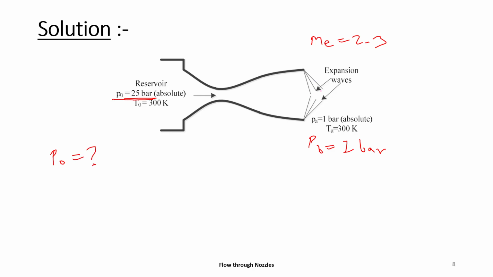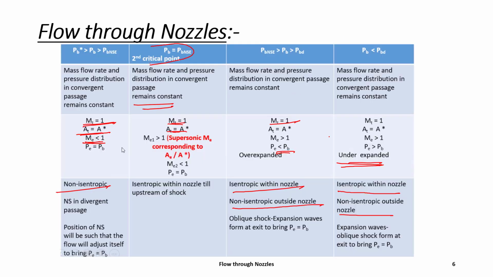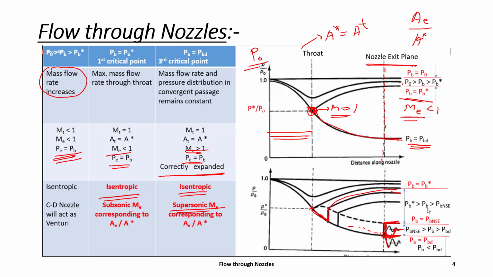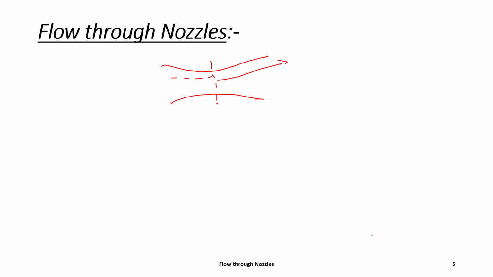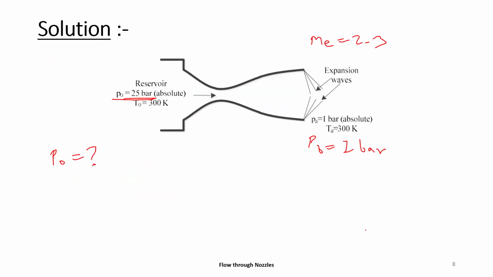So the exit Mach number is 2.3 and we have to find this P0 such that there is no expansion wave here. If you see here, the expansion wave occurs below the third critical point. So the nearest point will be the third critical point, and at the third critical point there is isentropic flow throughout the nozzle. So if there is isentropic flow throughout the nozzle, then P0 will be constant. So P0 at the exit will be equal to P0 of the reservoir.